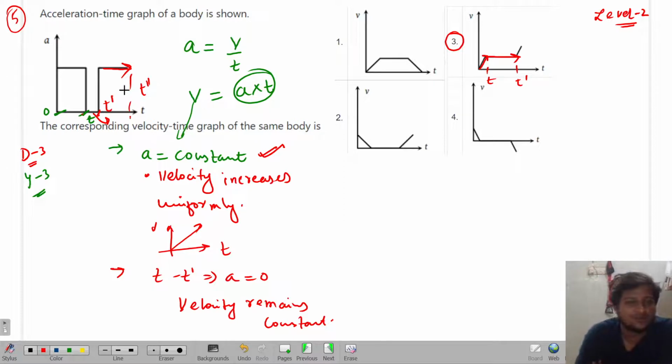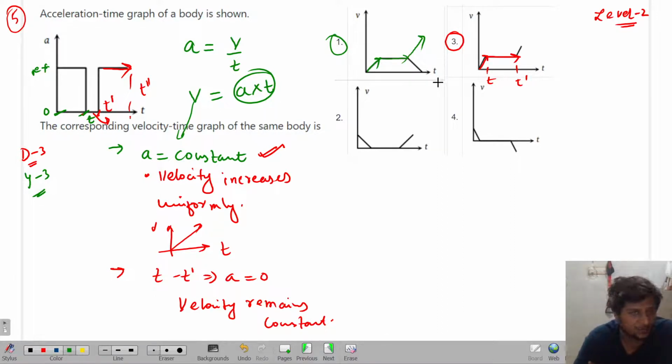From that viewpoint, 98% of the guys will take option 1 as correct. Why? They will think that first acceleration is constant, velocity increases. Second, acceleration becomes 0, velocity remains constant. After that, from t prime to t double prime, acceleration is constant in the positive direction. Therefore velocity increases after that.